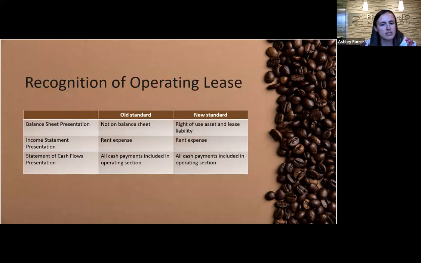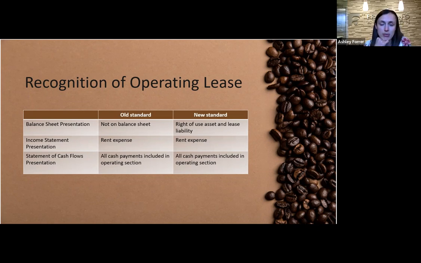And then for an operating lease, again, think your building leases or vehicles or printers, that kind of stuff. This is where we have a bigger change, especially on the balance sheet. Previously we were not putting any operating leases on the balance sheet, and here under this new standard, we're going to record a right of use asset and a lease liability on the balance sheet.